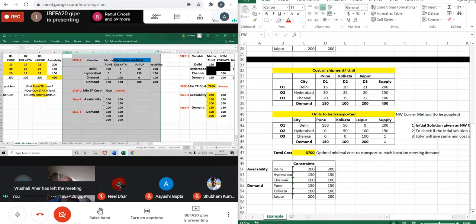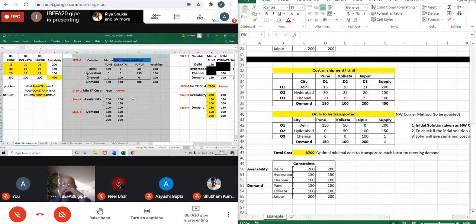Sir, in real life, companies will not only consider cost, but they might also consider time as well. Yes, profit also. If we were to factor in multiple things, transportation is by road, mileage. If it is by rail, distance.